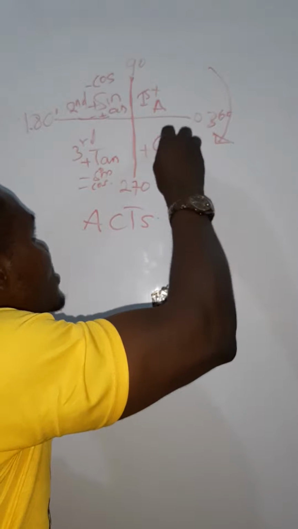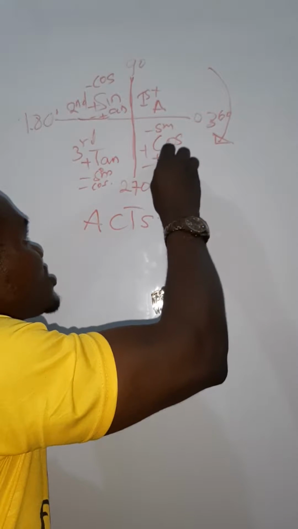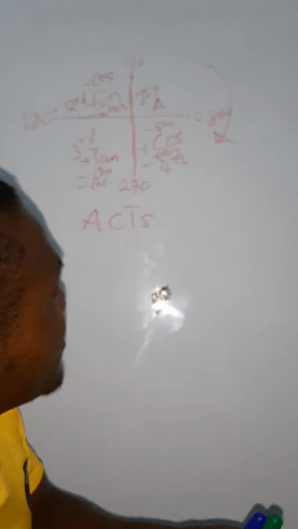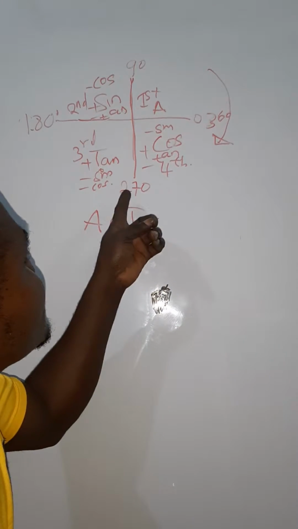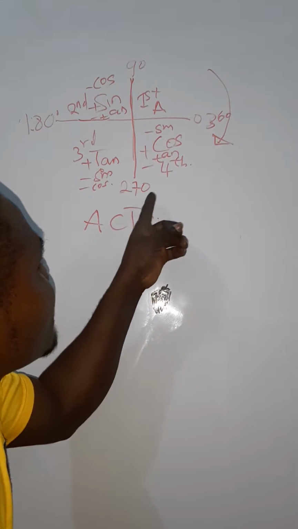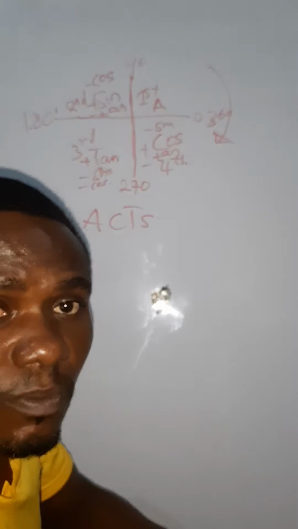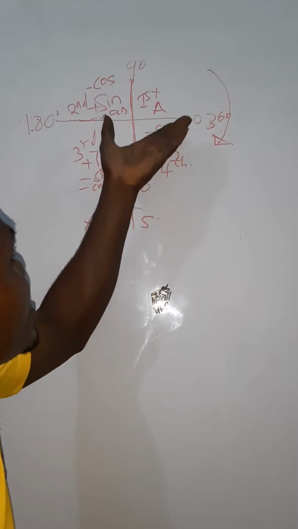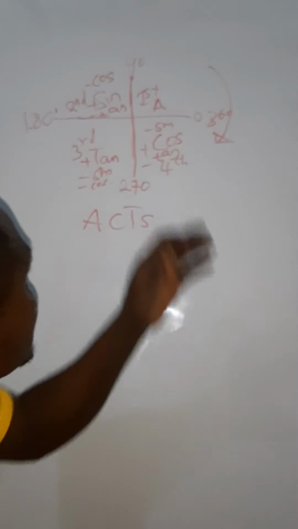It's only this one that will be giving you positive. Sine will give you negative, tangent will also give negative. So if you press with your calculator any angle greater than 270 up to 360, cosine will be giving you positive, while sine and tan will be giving you negative.